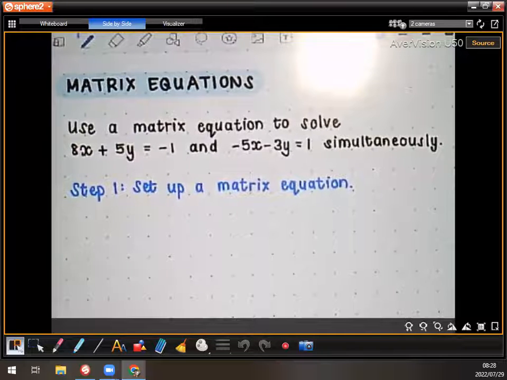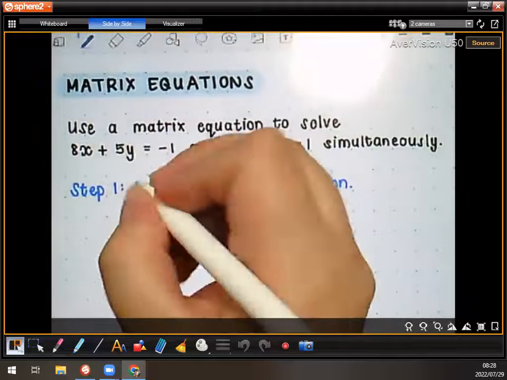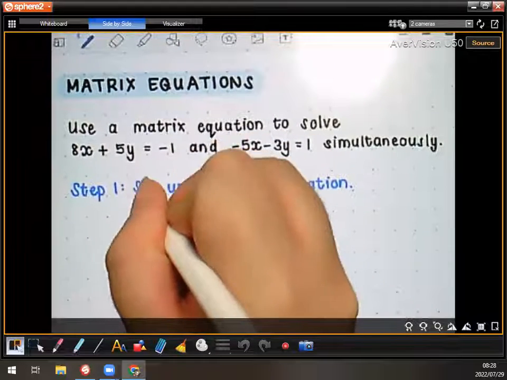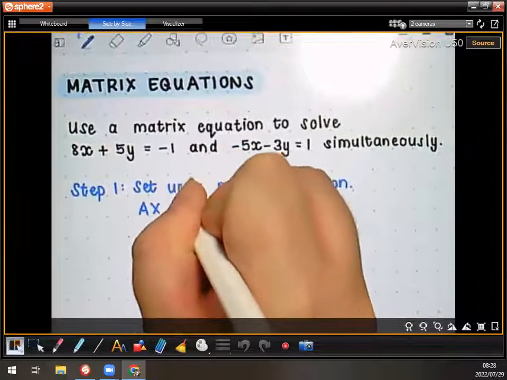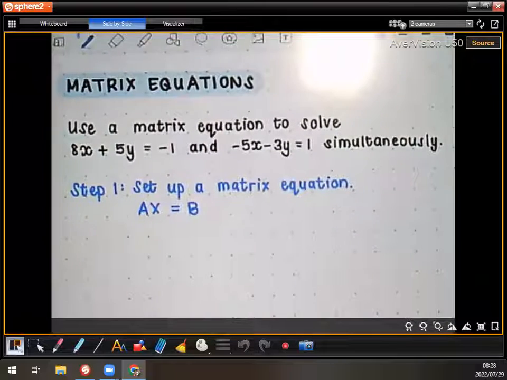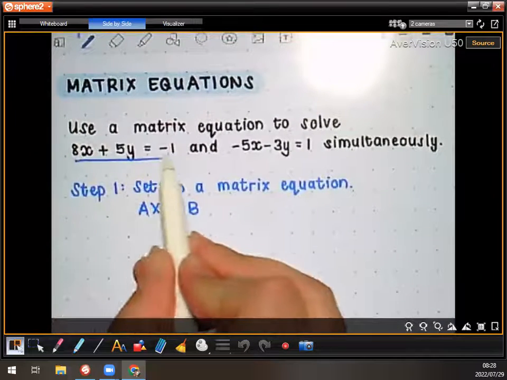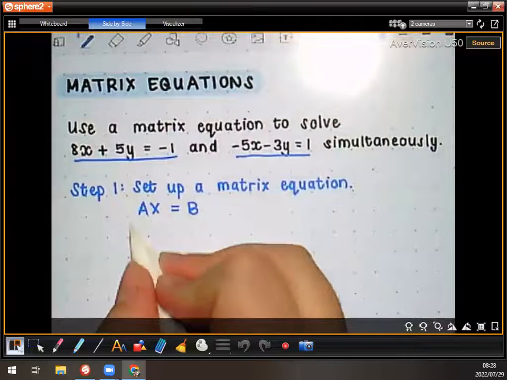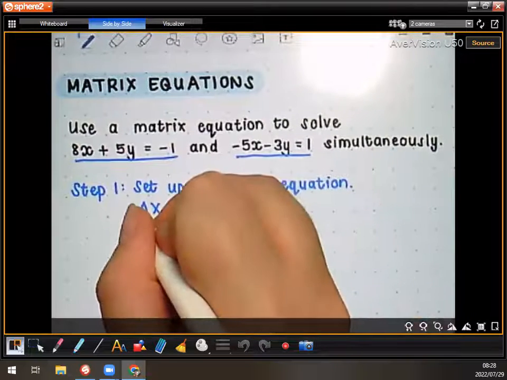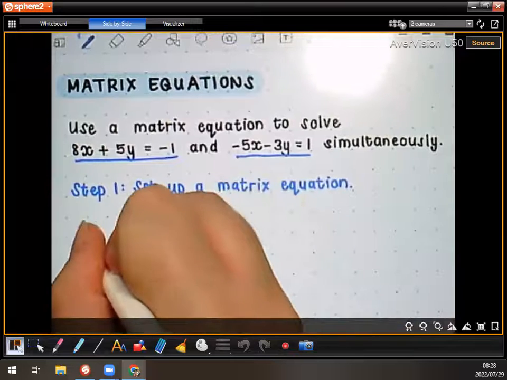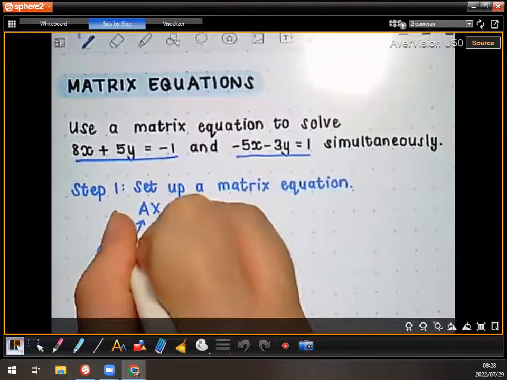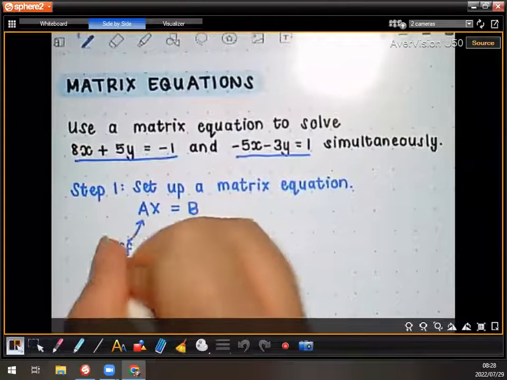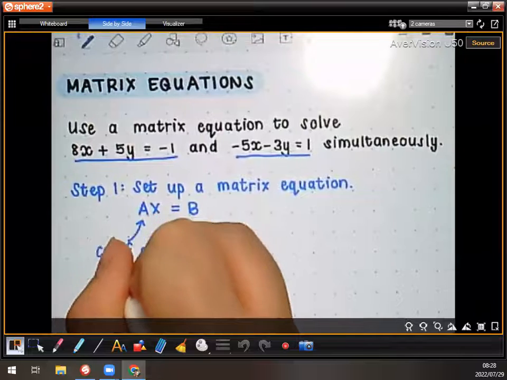So guys, the matrix equation is always going to have the same form, all right? So it's going to be in the form AX equal to B. And we're going to translate our two equations into a matrix equation. All right. So what we're going to do is A is going to be the coefficients of the variables.